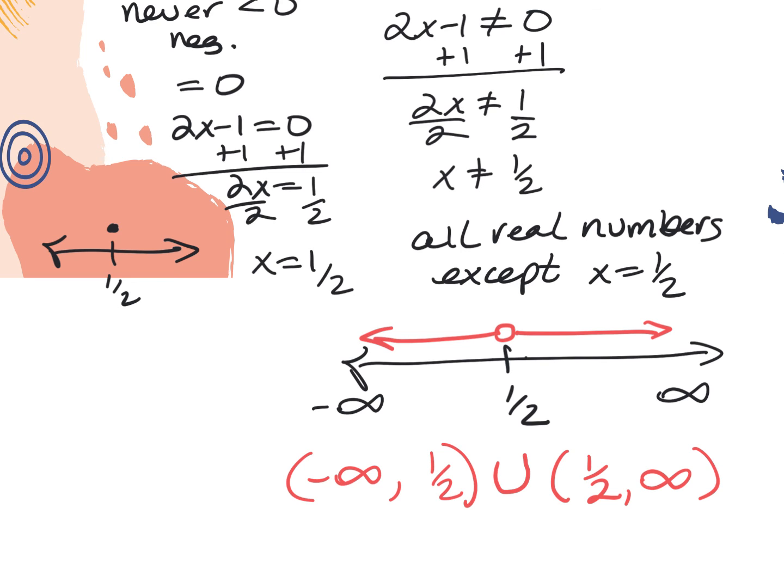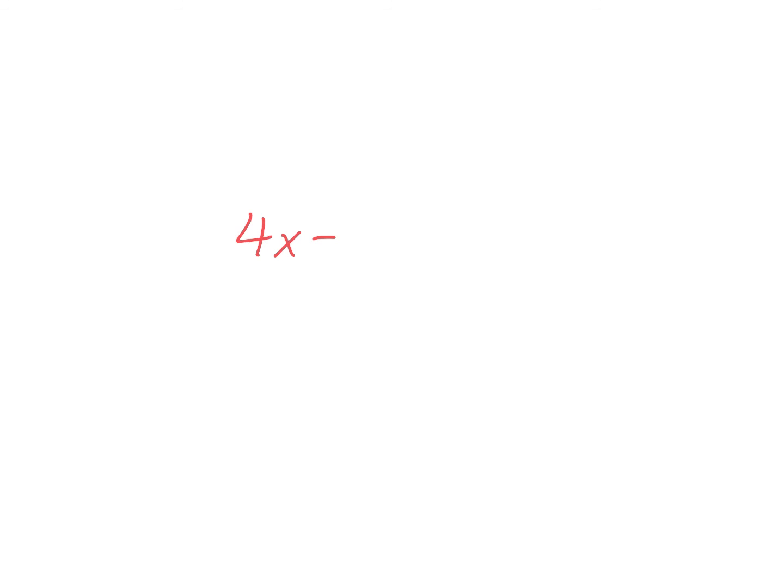Let me just show you one more that, again, is not in the notes. So, for example, if I gave you the problem 4x minus 7 in absolute value, and it's less than a negative number, know that we will never, ever get something that's less than a negative number out of this one. So it would be no solution.